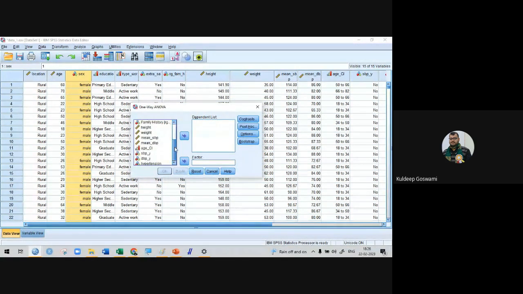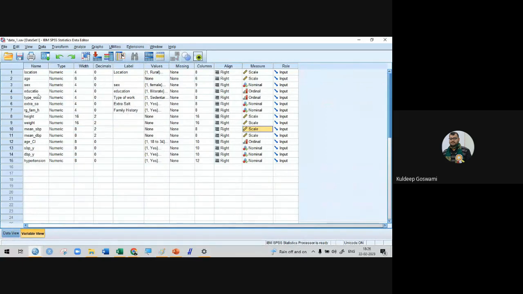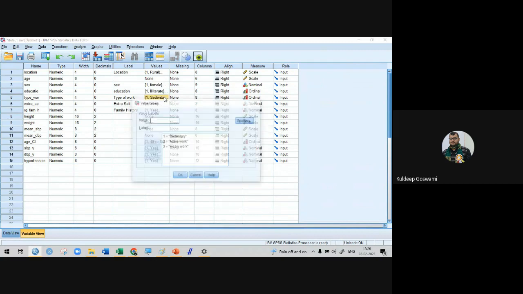Now, I want to check the mean systolic blood pressure by type of work. Why? Because for type of work, there are three categories: sedentary, active work, heavy work.